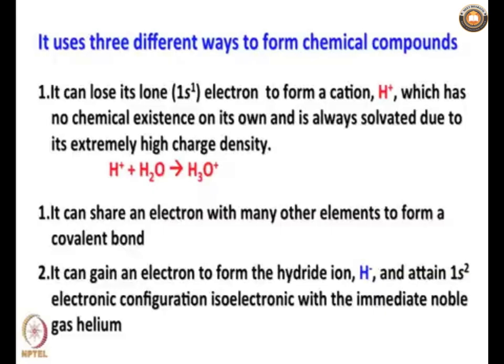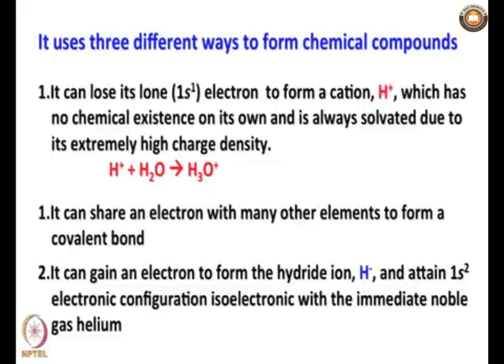Okay. And of course, it uses three different ways to form chemical bonds. When we want to react with hydrogen, there are three ways one can look to react it with various elements to form the corresponding chemical compounds.